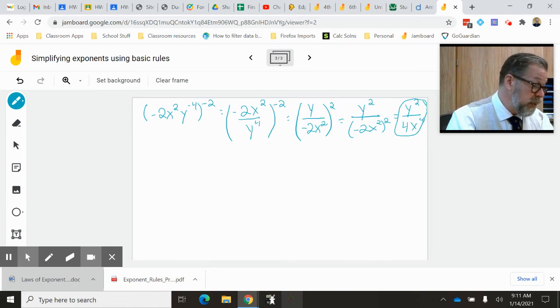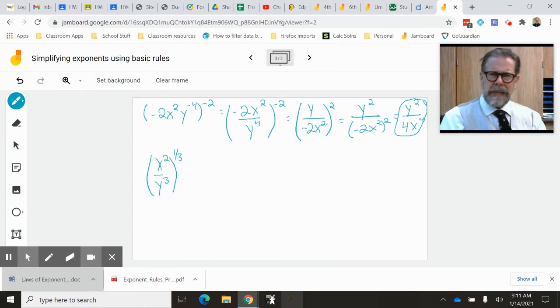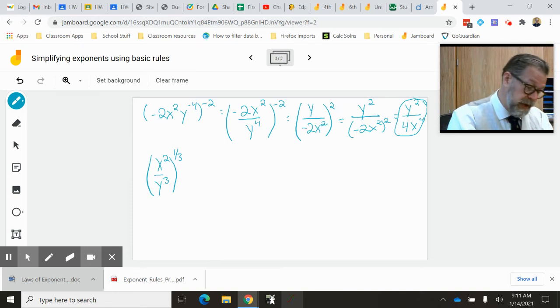And let's do the final but one example. Let's do x squared over y cubed, to the 1/3. Well, there's a couple ways we could look at this. This is the cube root, or we can multiply. So I could either say this is x squared times 1/3 divided by y cubed times 1/3, which is x to the 2/3 over y.